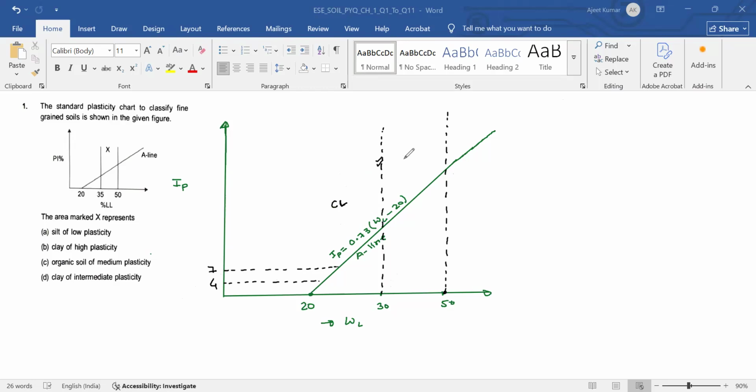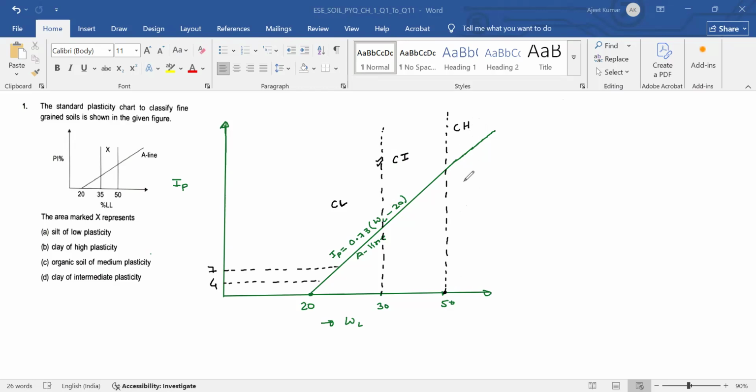This region is between liquid limit 30 to 50 and above the A line. This is clay of intermediate plasticity. And the region after the line at 50 and above the A line, the soil in this region is called clay of high plasticity.